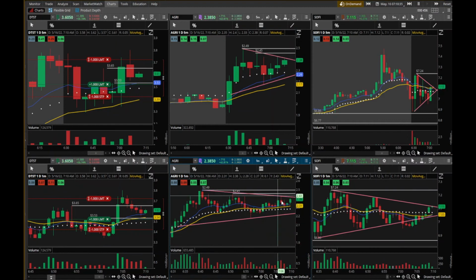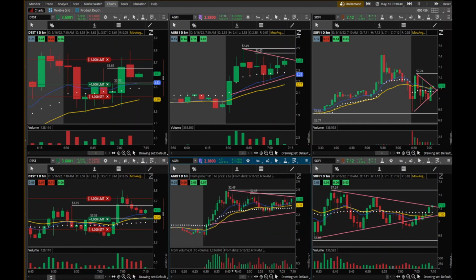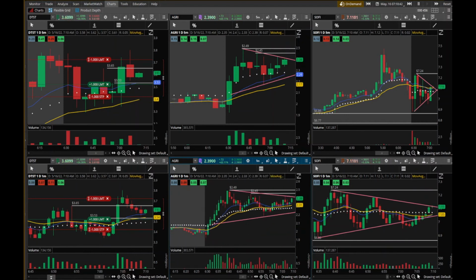Got to move your lines up every time you get a new resistance. Is this where we get filled? I'd like to see it flush down and then pop right back up.